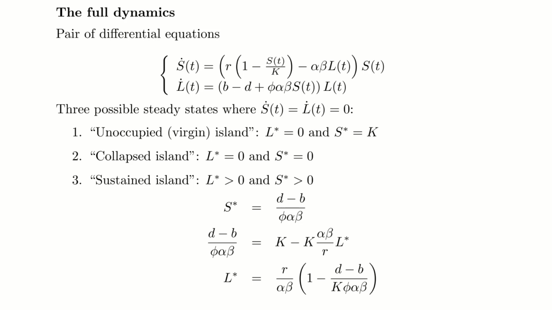Similarly, as for the steady state number of boats in the free fishing industry, we find that farming efficiency alpha and the preference for food beta do not mean that steady state population will be larger. Rather, they may also cause islanders to overexploit their island's resources, leaving everybody worse off.